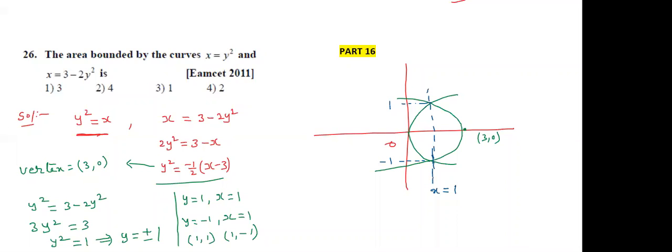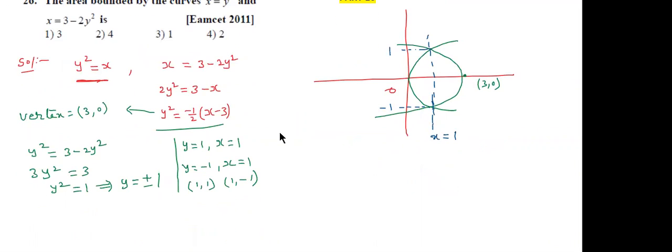See that the total area is symmetrical about the x-axis and the line x is equal to 1 also. Okay, x is equal to 1, leave it. The total area is symmetrical about the x-axis. So I am going to find one of the parts, that is the required area. Or no problem, you can take the total area.